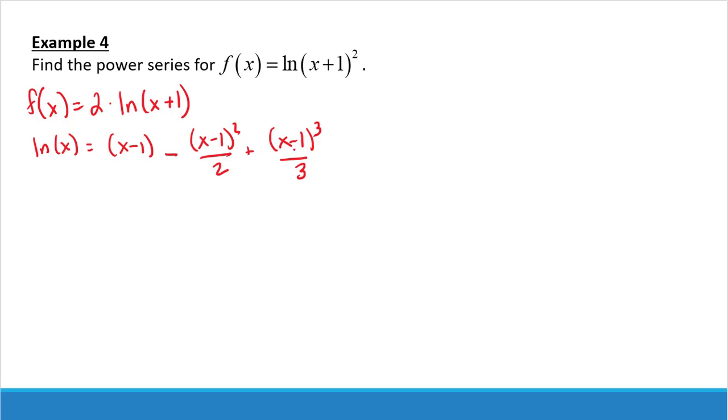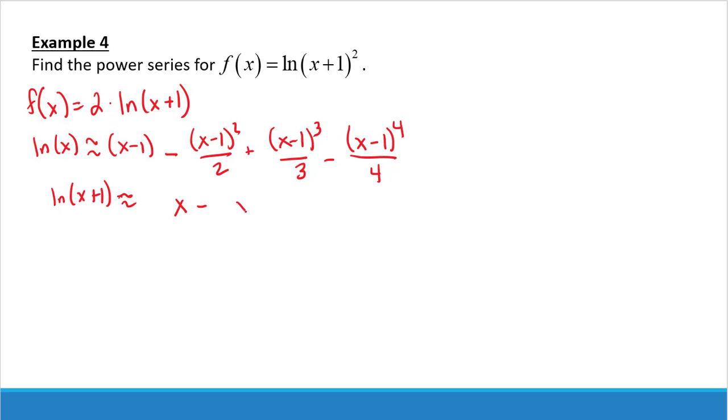So remember that this is an approximation. So I add in an x plus 1, which basically turns this into x minus x squared over 2 plus x cubed over 3 minus x to the 4 over 4 plus, and those dots mean we keep going.